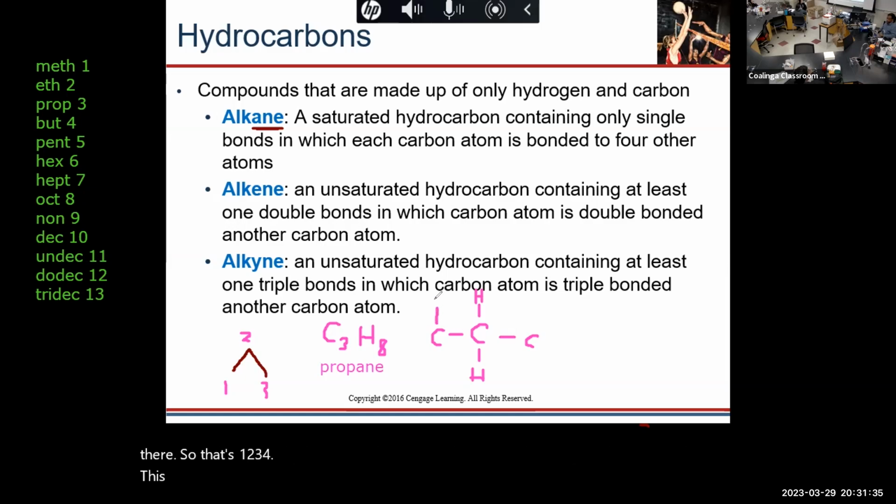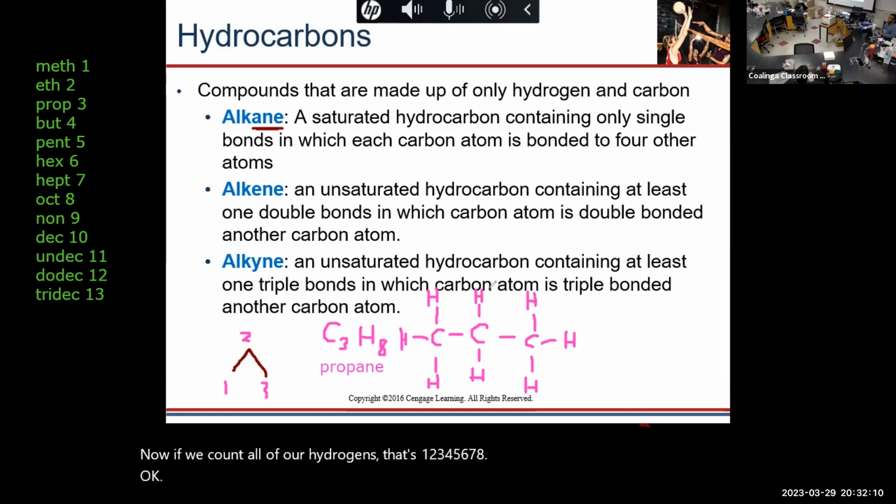This carbon is going to have 3 hydrogens. Now if we count all of our hydrogens, that's 1, 2, 3, 4, 5, 6, 7, 8.